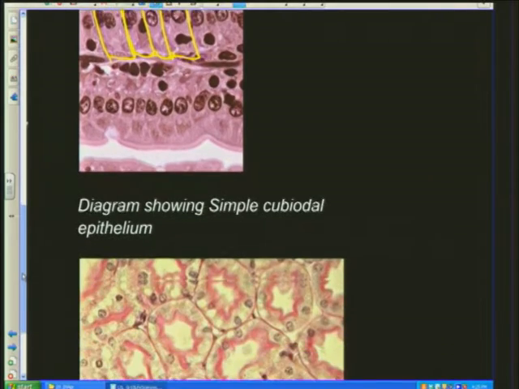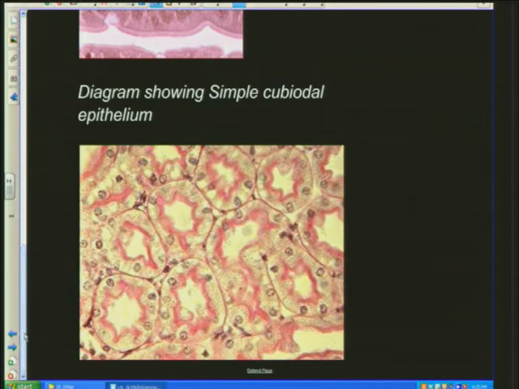Right, so that's columnar epithelial. Another one that I've got here: diagram showing simple cuboidal. There they are. I'm trying to find a different color here for you. Let me get a green. It's the normal cube one, so I'm going to draw it here.